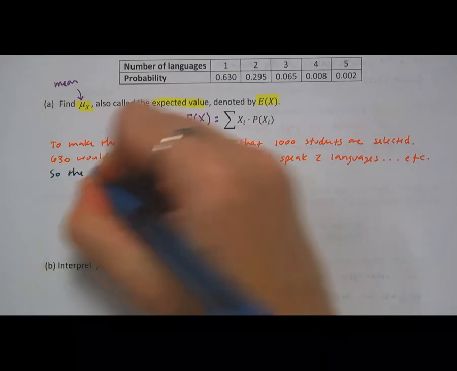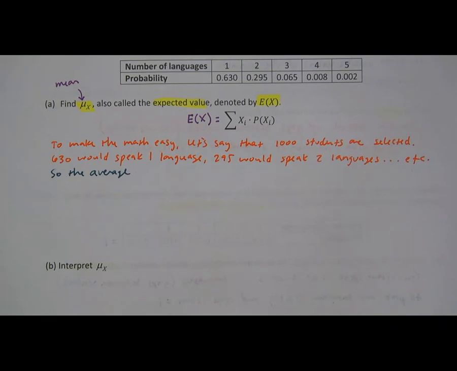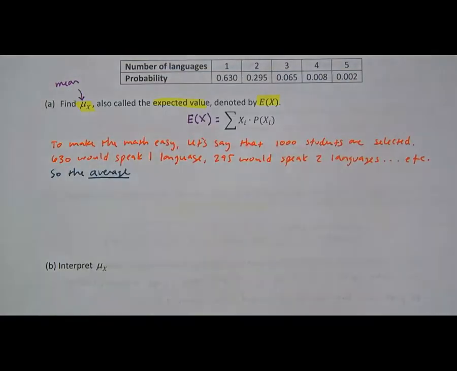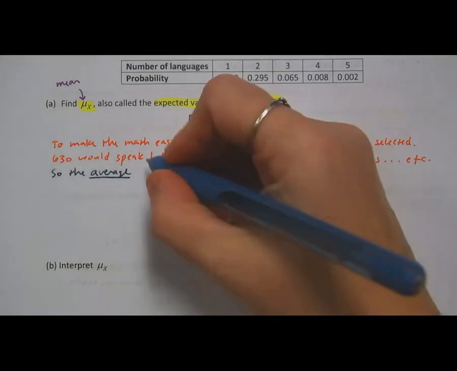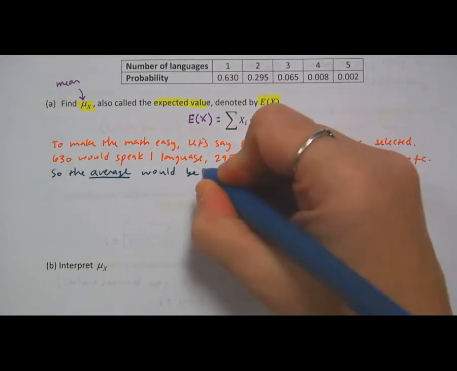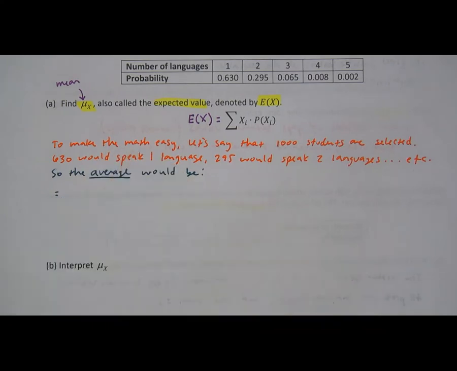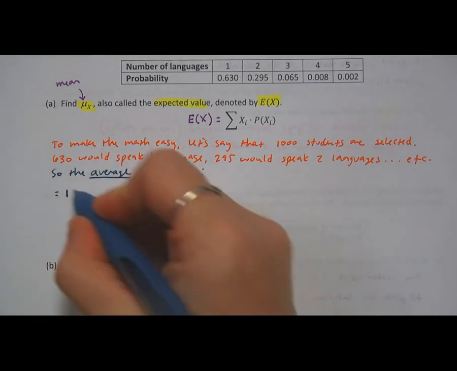So the average, that's what mean is, that's what the expected value is. To find an average, you add everything together and then you divide by how many there are. So the average would look something like this. I would take one student. They speak one language.